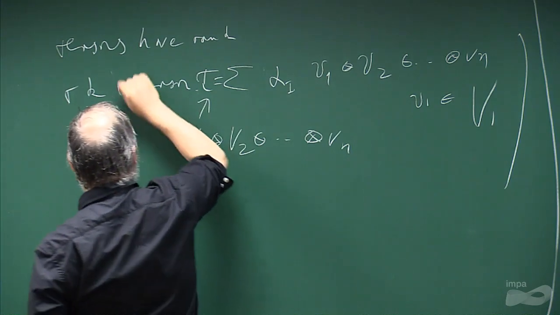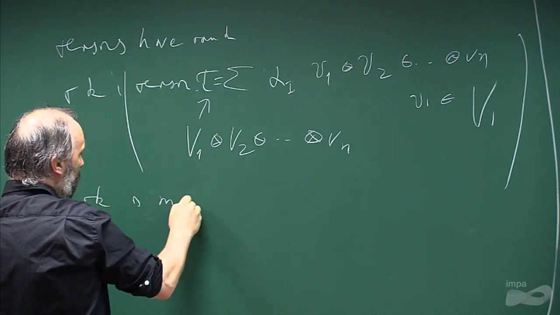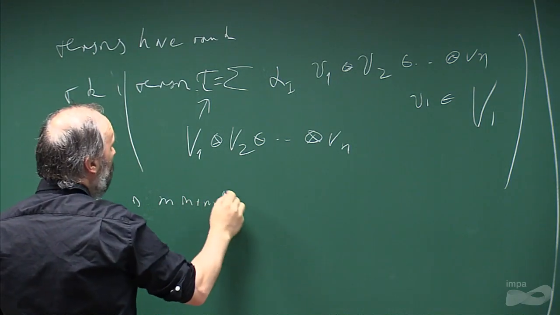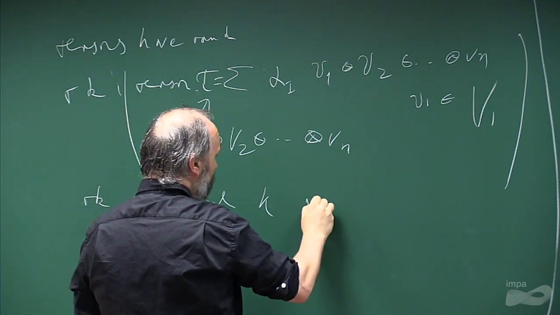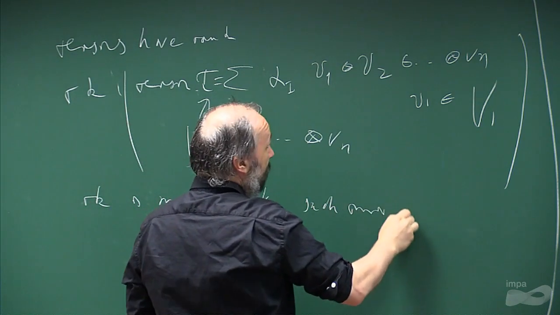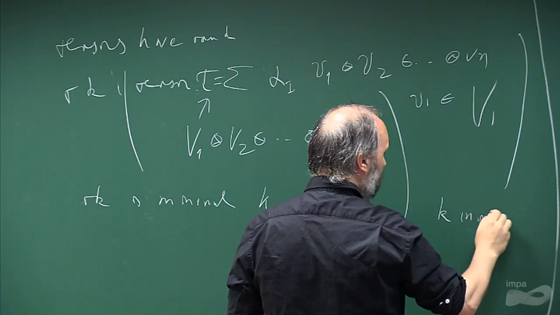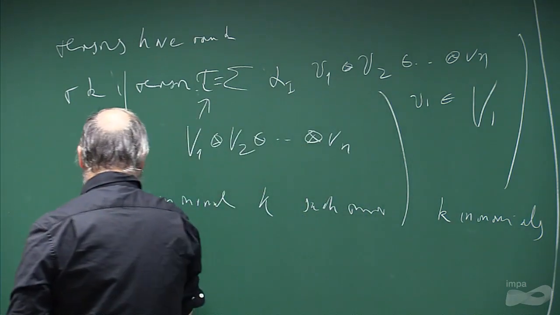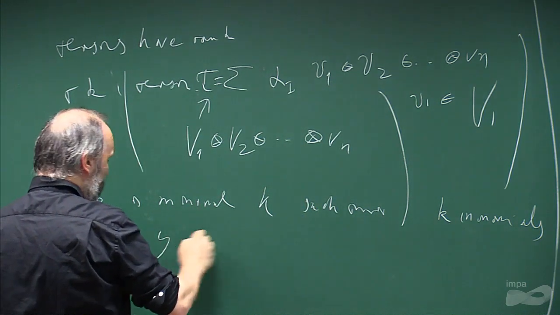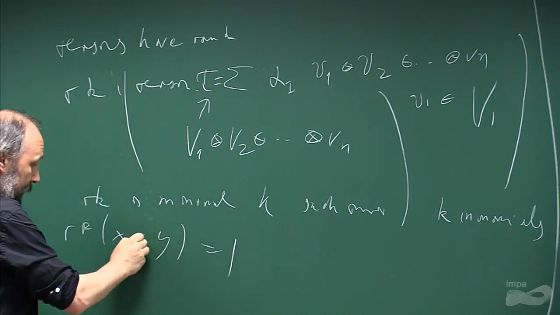We're interested in the rank of a tensor, and rank is the minimal k such that in the sum you have k monomials. For instance, a pure tensor x times y has rank 1, or 0 if it is 0.